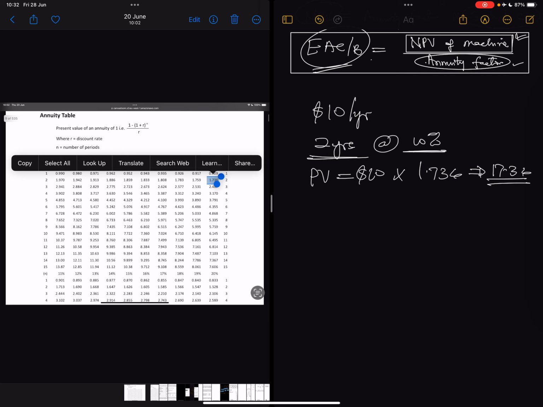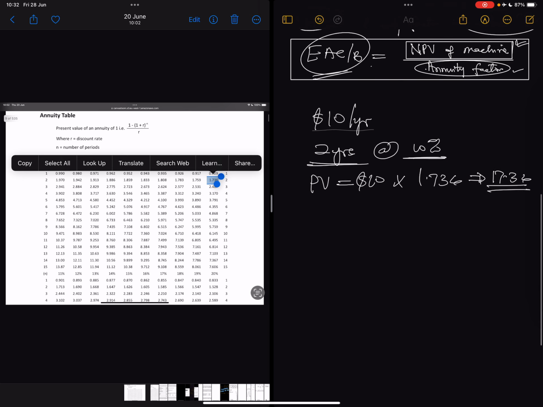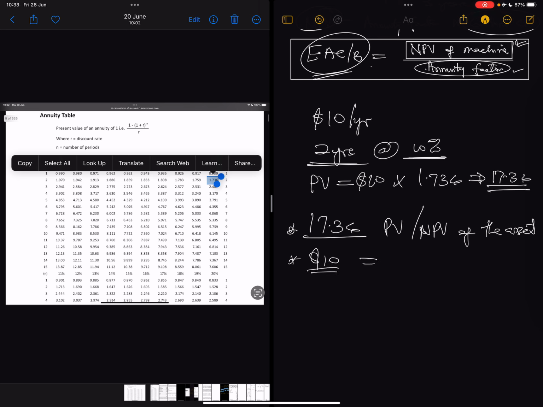So in our EAC calculation, what we are saying is that this 17.36 is like the PV, or what we call the NPV of the asset. And the $10 that we are talking about in this question is our annualized cash flow. So this annualized cash flow can now be an annualized cost or annualized benefit, depending on the outcome you get.